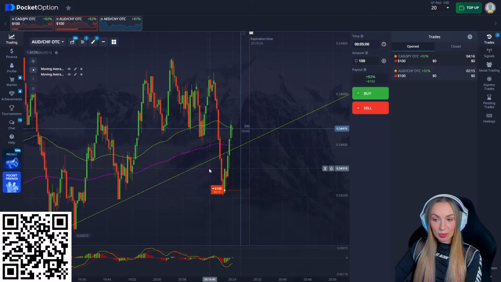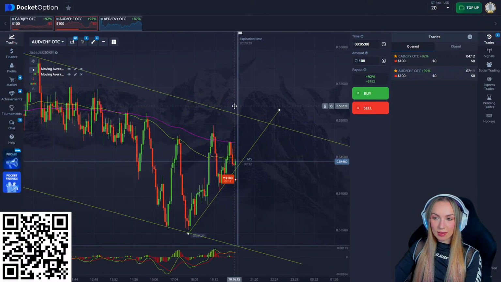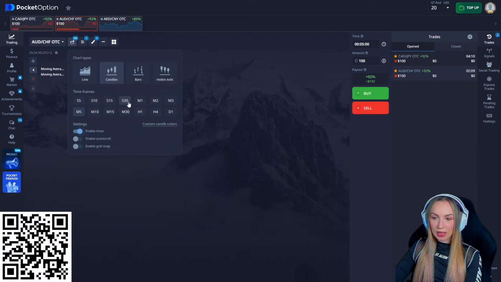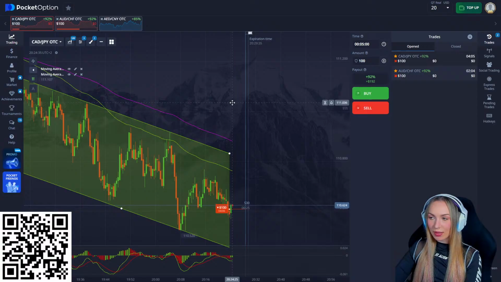Maybe it was a false break. Too much volatility today on the market. The price goes up and down super quick.